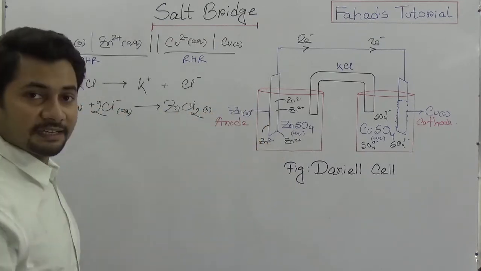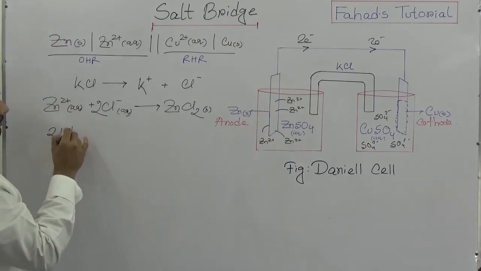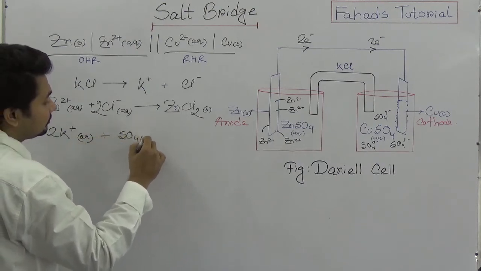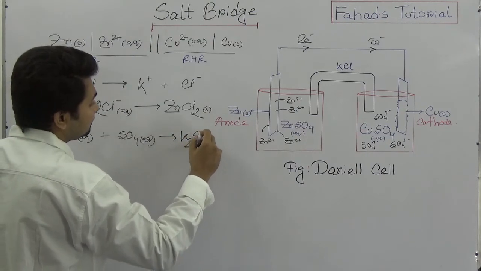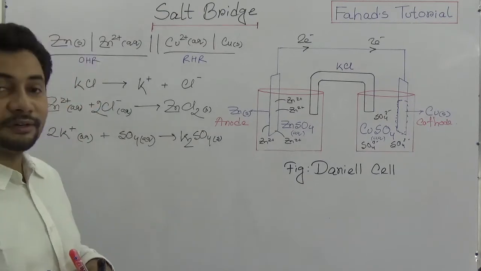And on the other hand, the sulfate will take potassium and it will produce potassium sulfate. So now you think about what's going on.